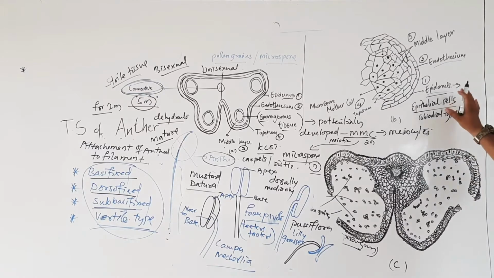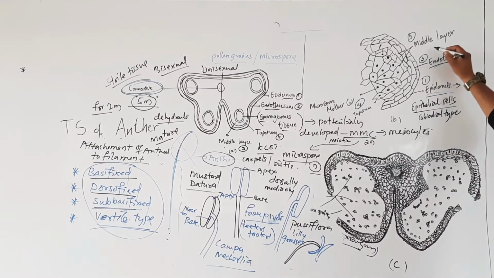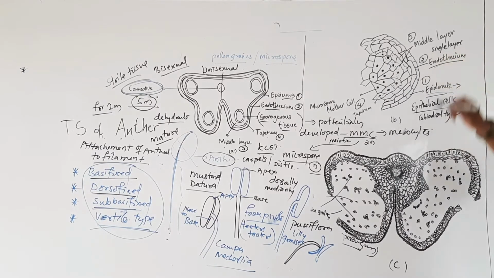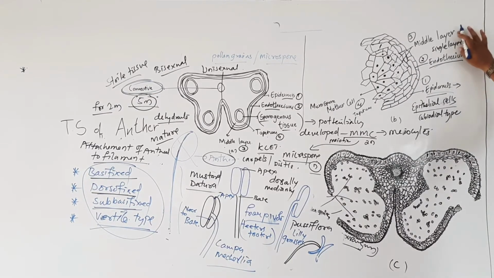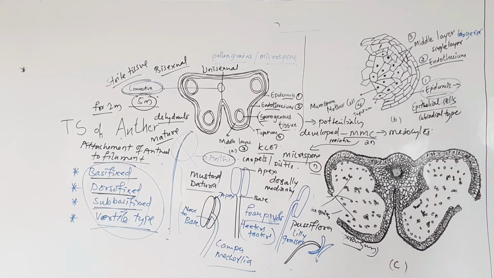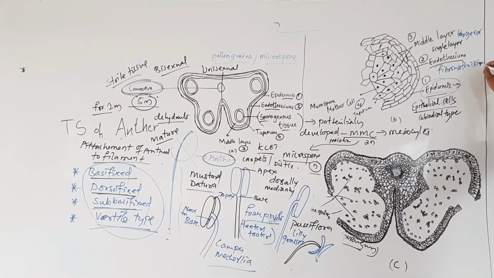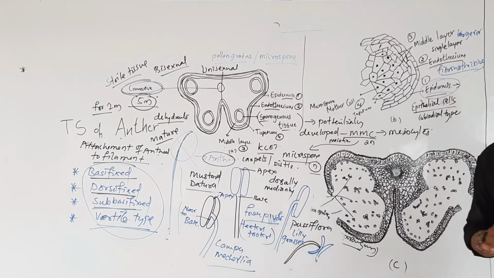Next, endothecium. This is also a single layer of epithelial cells, but they are larger than the epidermis cells, and they are thickened because they contain a fibrous thickening. Remember, this is very important, the fibrous thickening.